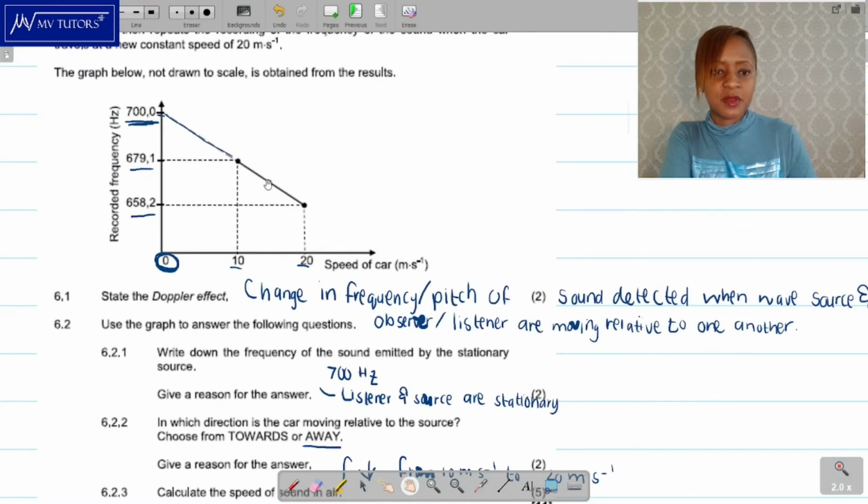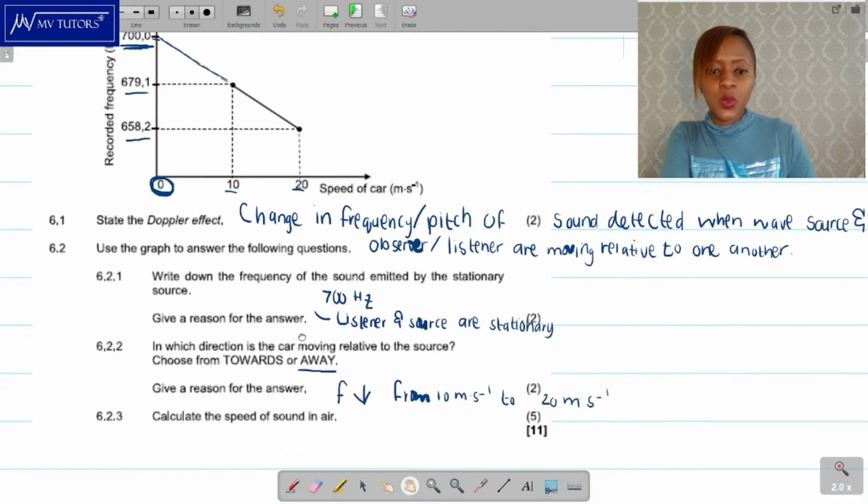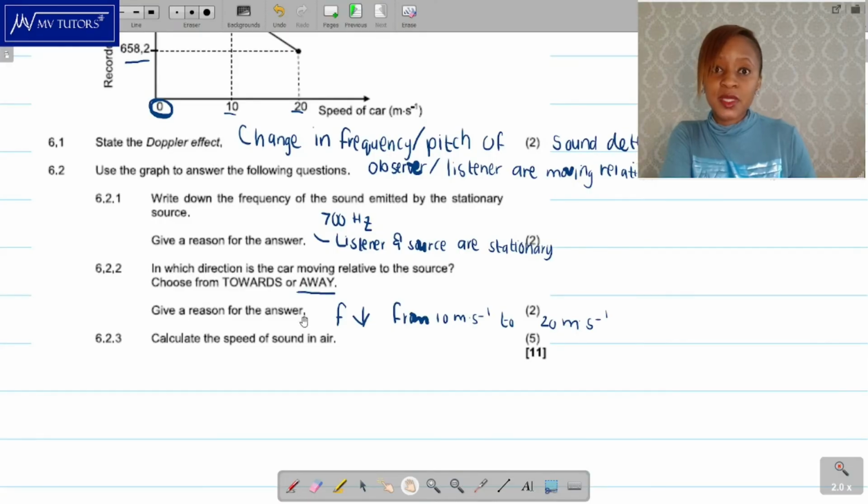As he went from 10 to 20, the frequency did decrease. And I did say that when a source is far away from the listener, the distance between the waves is quite spread out, and if they are big, then you have a small frequency.